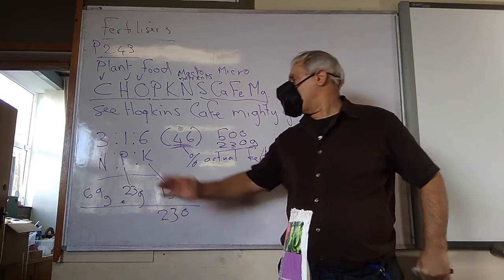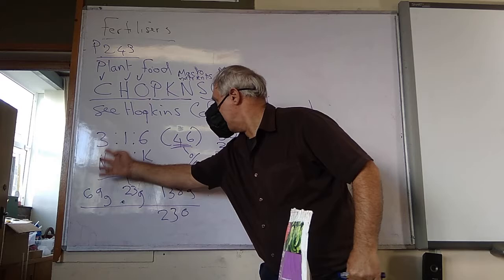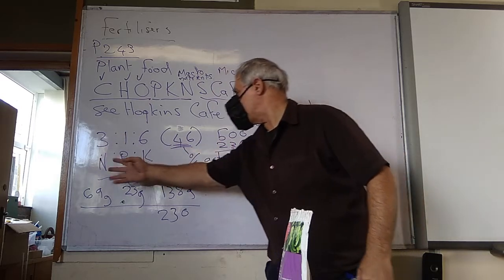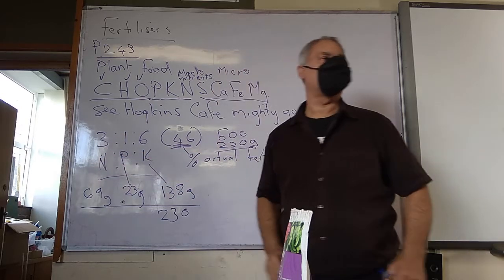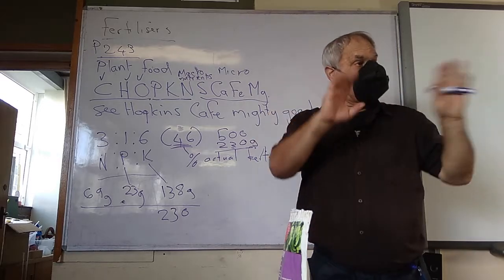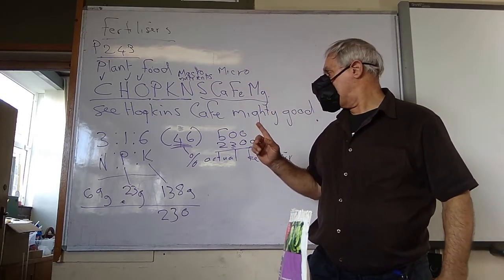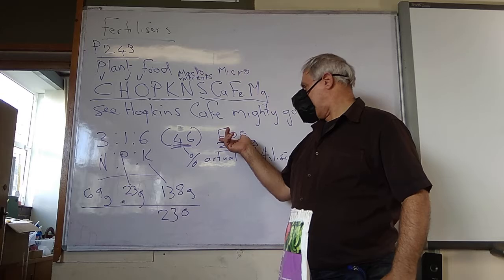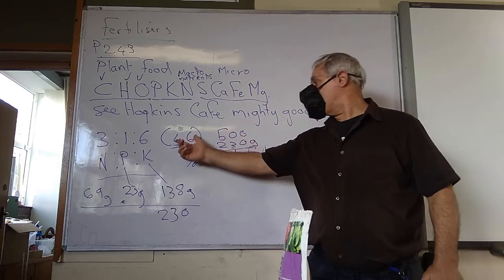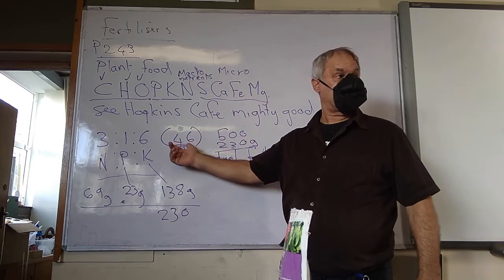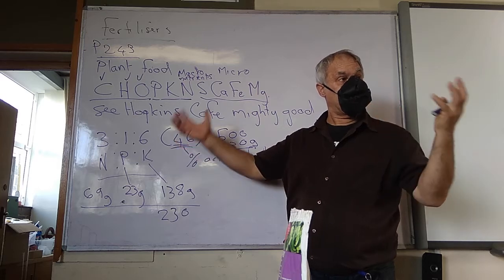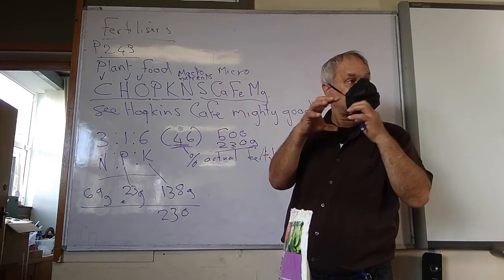And so, this is what we do. We first take the 500 grams and we work out what is 46% of it. That's the first thing we do because we want to get down to the actual mass of fertilizer. Then, knowing that 46 over 100 times 500 gives us 230.